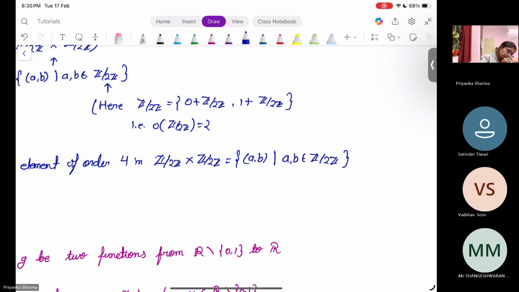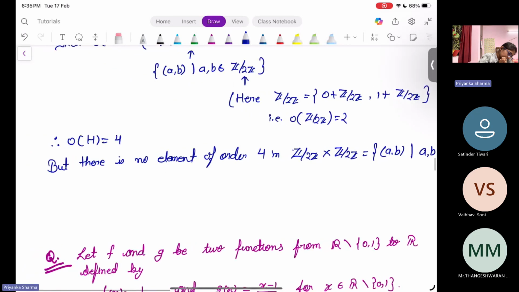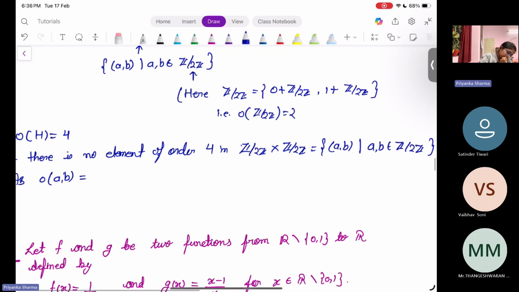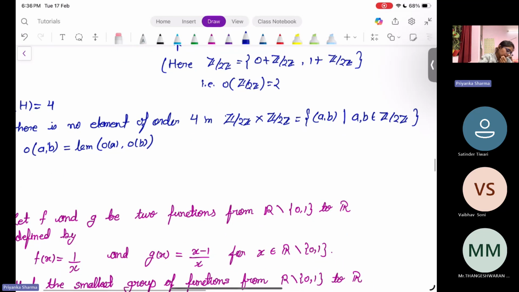The order of (A, B) will be the LCM of the order of A and the order of B. But the order of A can be either 1 or 2, and the order of B can be either 1 or 2.